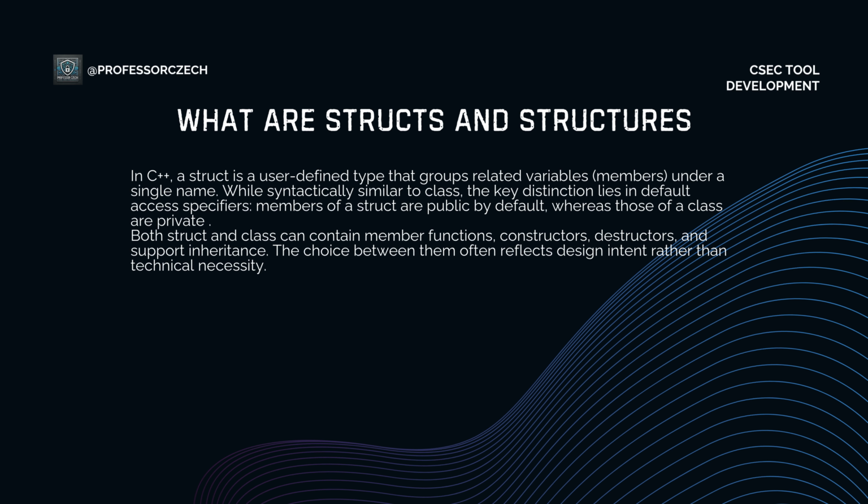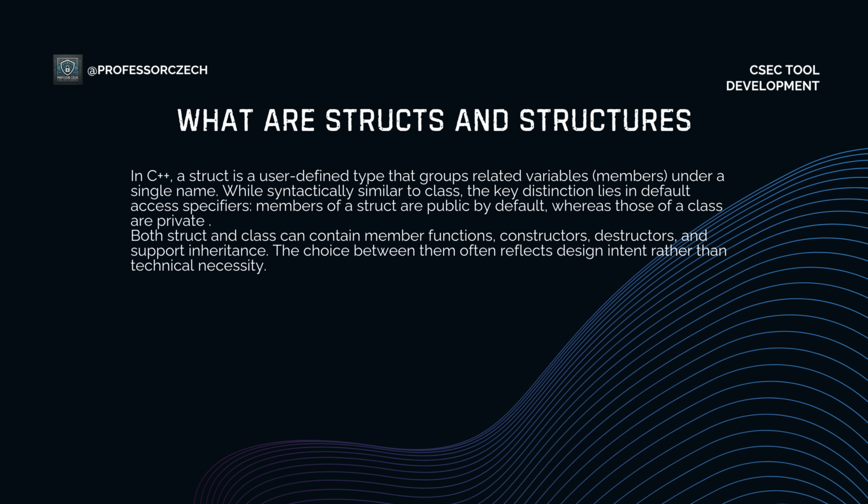But over time, the functionality between struct and class has diminished, with the primary distinction actually just being the default access specifier. So in C++, a struct is a user defined type that groups related variables or members under a single name. While in syntax, it's similar to a class, the key distinction lies in the default access specifiers.